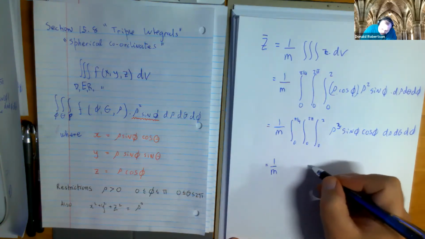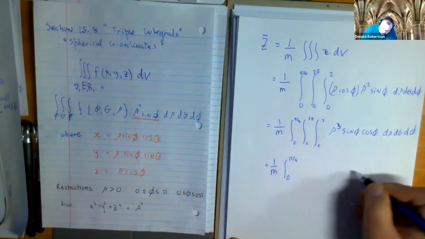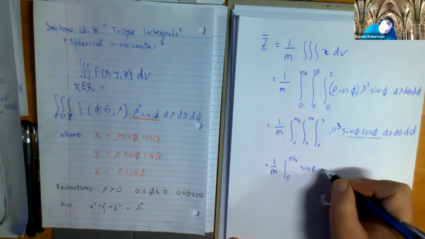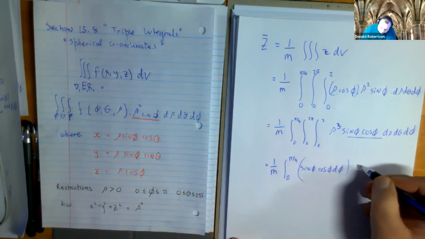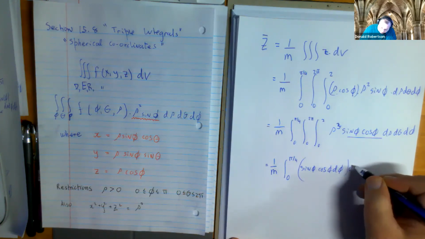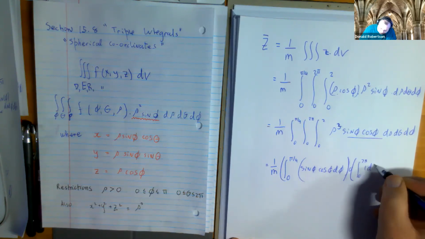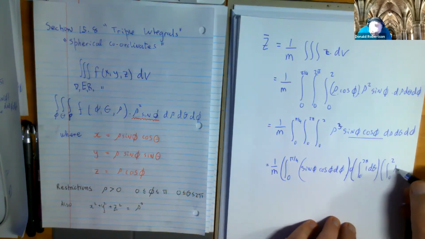Variable separable. These two belong here. The middle one is dead easy, and the last one is this.